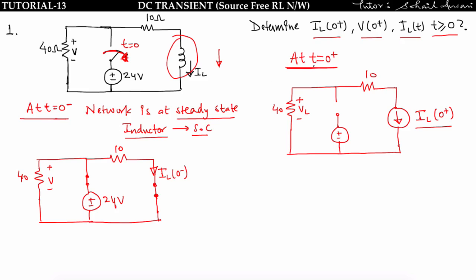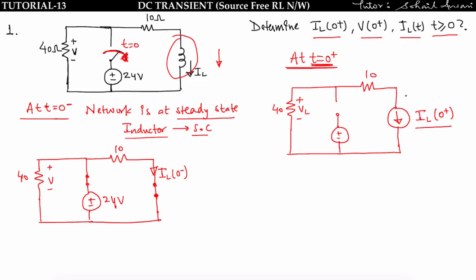Since we are talking about t is equal to 0 plus only, we are not talking about t greater than 0, that means this inductor will not decay at t is equal to 0 plus. For t greater than 0, this inductor will dissipate whole energy across the resistor, but at t is equal to 0 plus, it will not decay because the inductor won't allow sudden change in current.